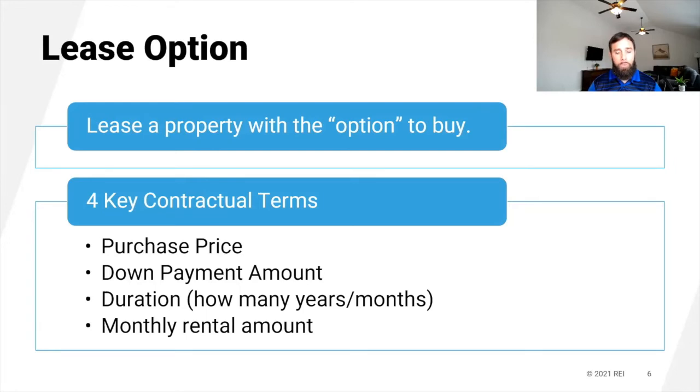So it's a great way to control properties without owning anything. You control it, you profit off of it, and at the end of those 60 months, if you cannot buy the home, which is unlikely, you should be able to buy the home, and that's a different video, by the way, then the homeowner gets their house back and they've built another 5 years of equity. Check it out on YouTube. I have a video on lease option and subject to.